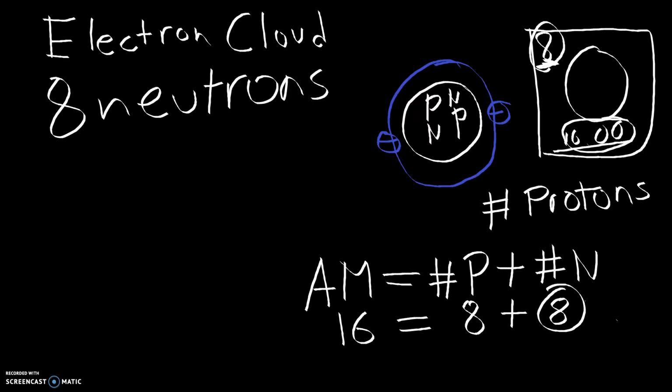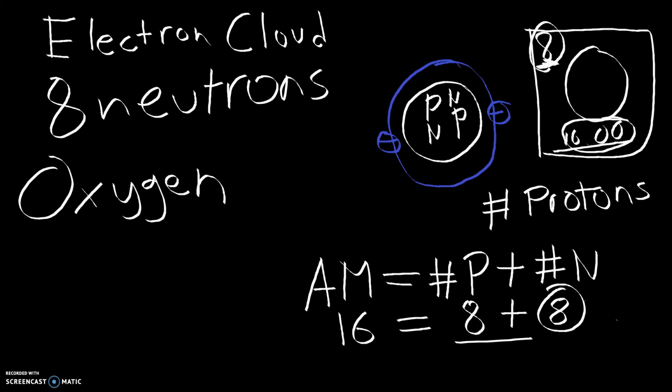So if the oxygen atom has 8 protons and 8 neutrons, the atomic mass is 16, which means it's oxygen-16.